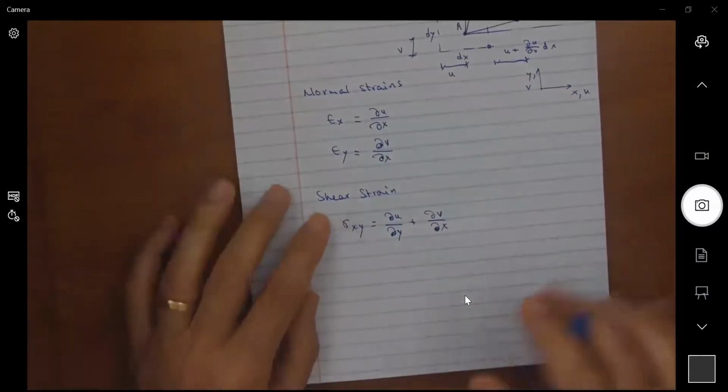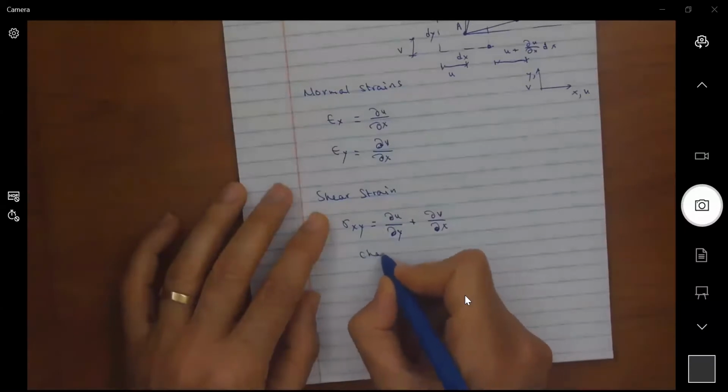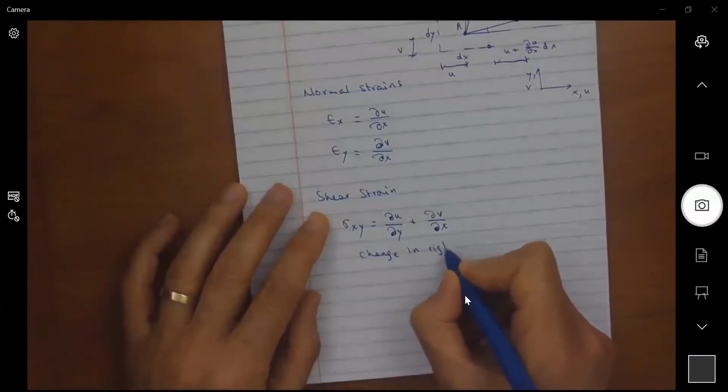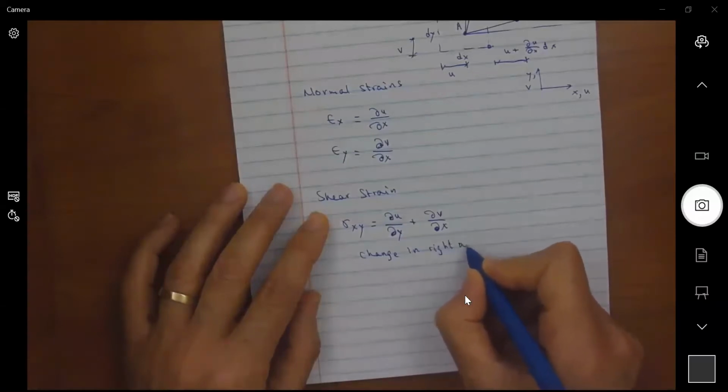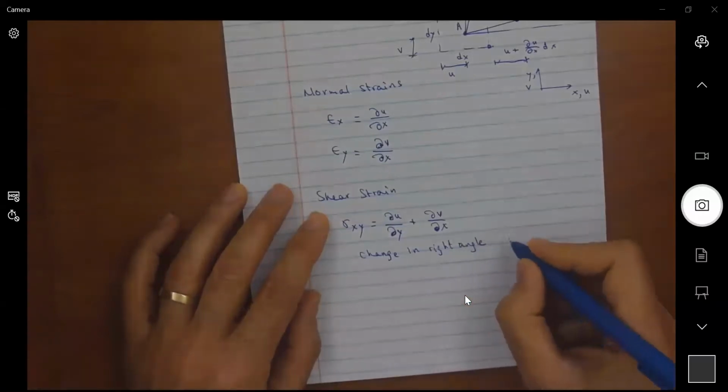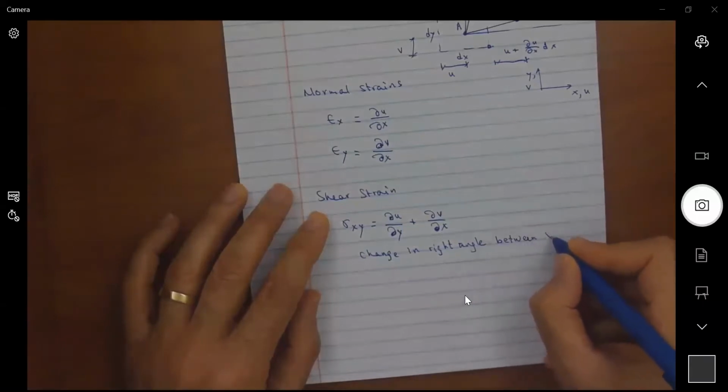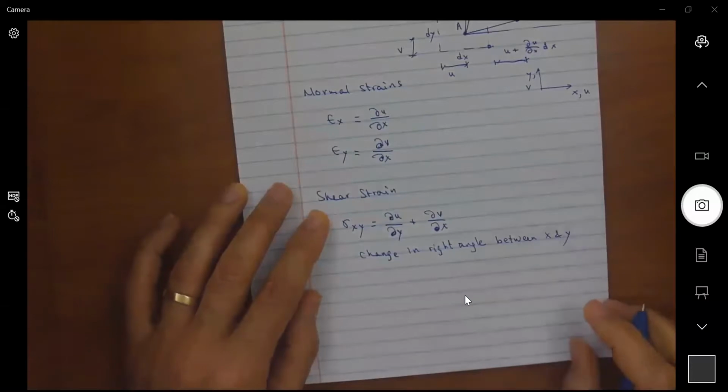This gamma xy may also be described as the change in the right angle between x and y.